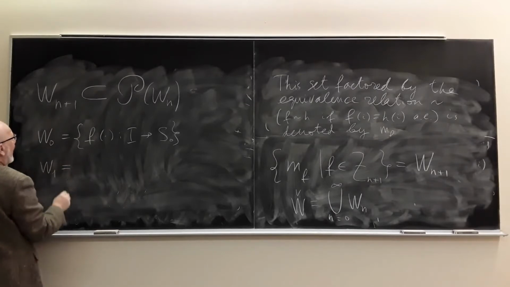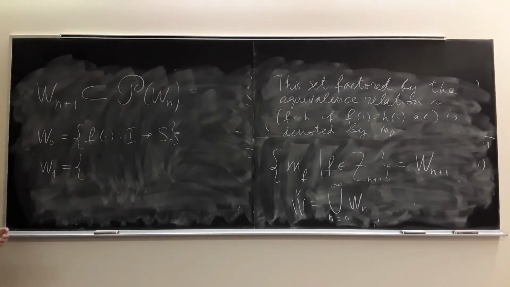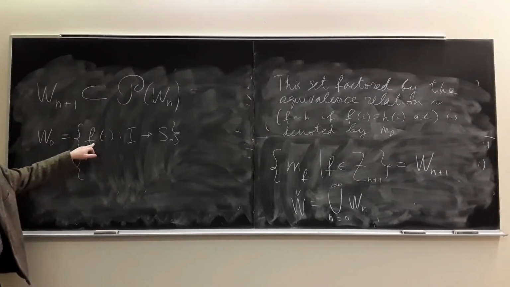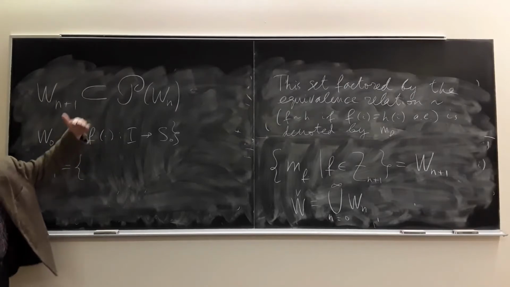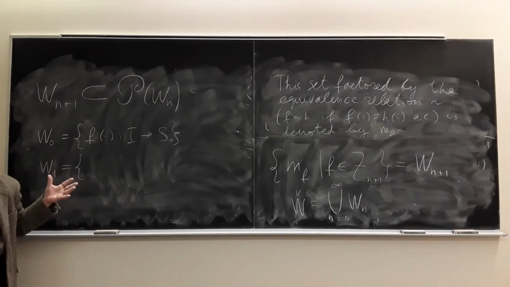W1 is the set of what? For any f, we have a set of such trajectories. And now we take all possible f like this, so we have a set of subsets, a set of sets of such trajectories. But nobody said that we can this way have all subsets.